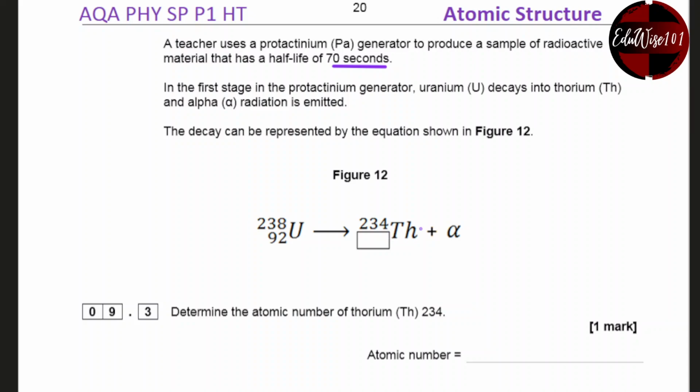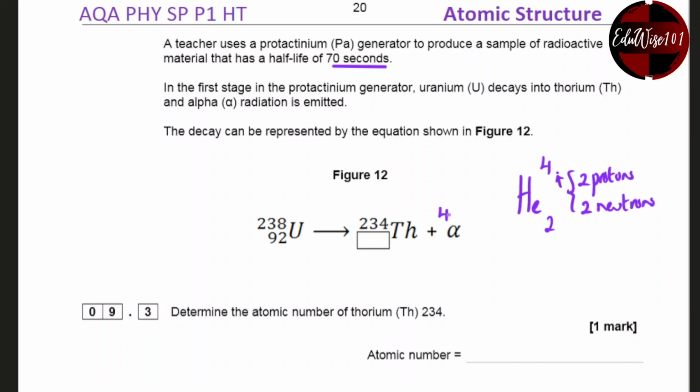To do that, you need to know information about the alpha particle. Remember, an alpha particle is also a helium nucleus. A helium nucleus has 2 protons, which is the bottom number, the proton number, and it also has 2 neutrons. No electrons, because we are talking only about the nucleus. Hence, the total mass of this is 4.